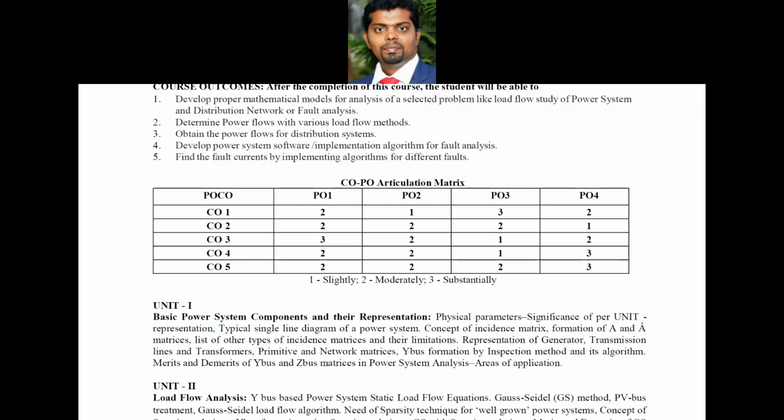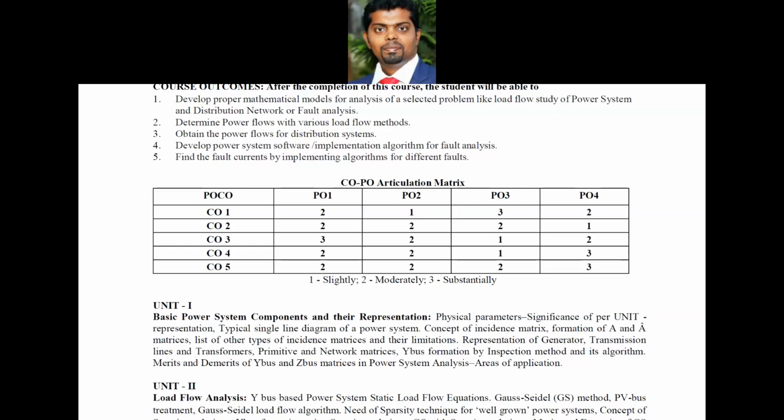And the concept of incidence matrix, then A and A bar matrix, and also their limitations, and representation of generator, transmission lines, and transformer. Next is the primitive and network matrix, which we are also going to analyze. Next is the formulation of the Ybus matrix, and meanwhile, if you analyze Ybus, you can also analyze the Zbus matrix, the impedance matrix.